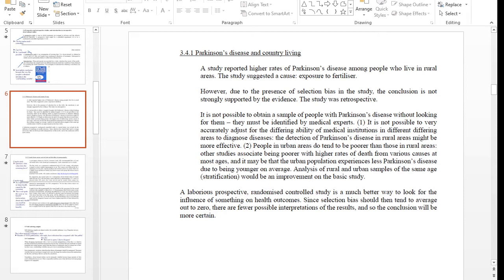Now let's consider how this conclusion can be affected. The numbers that you receive here may be affected not only by the true rates of Parkinson's disease in the rural versus the urban counties, but also by how efficiently these numbers are detected.